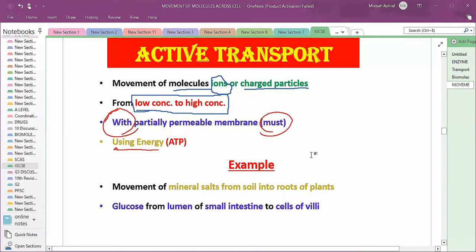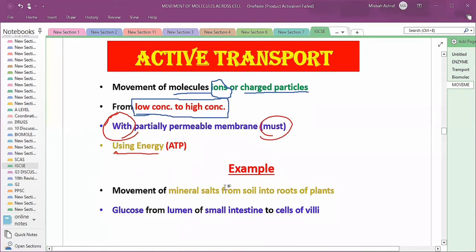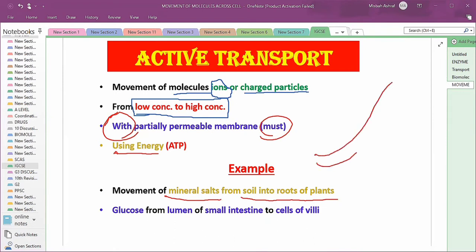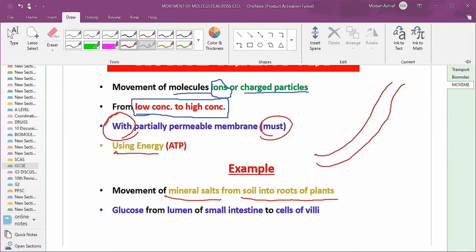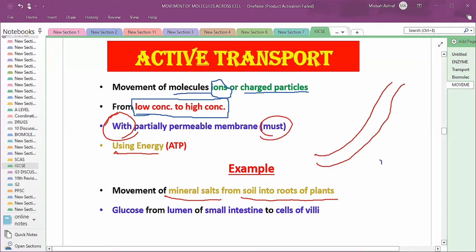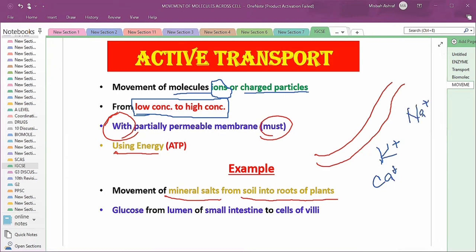An example is mineral salts, which move from soil into the roots of the plants. Now let's see, these are the roots, right? And here, for example, potassium is present in the soil, calcium is present, and sodium is present. These are different molecules.